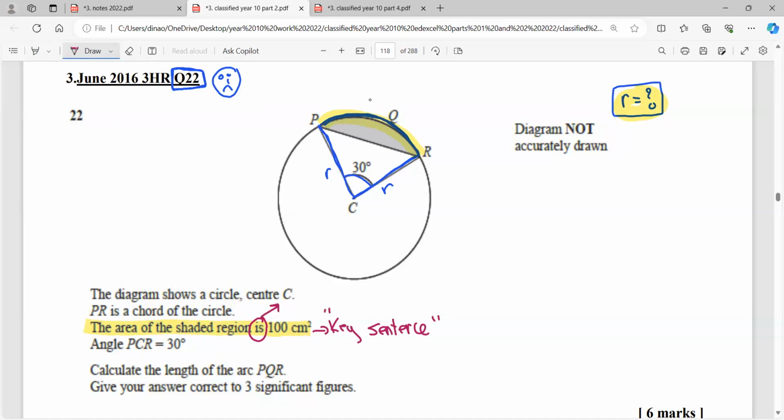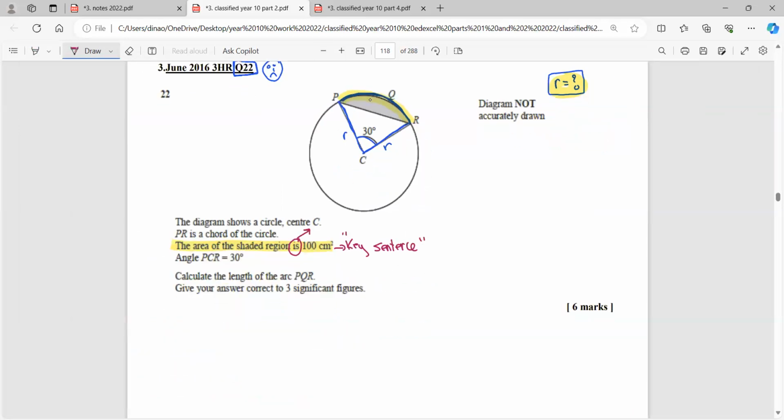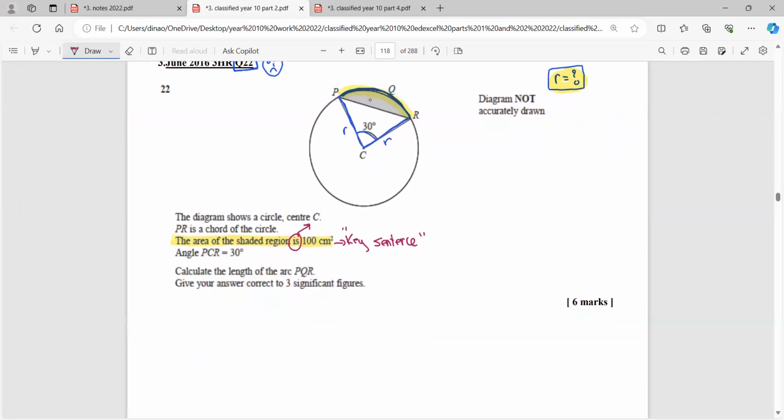So here, I'm just going to zoom out, the key sentence says, the area of the shaded segment is 100. Calculate the length of the arc. Now, why do you think I am given the key sentence? I am given the key sentence so that I can turn things around and find the radius. I am given the key sentence for me to calculate the radius.